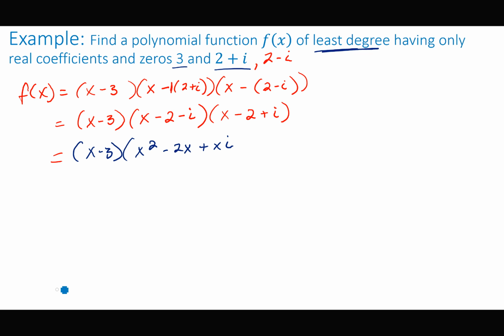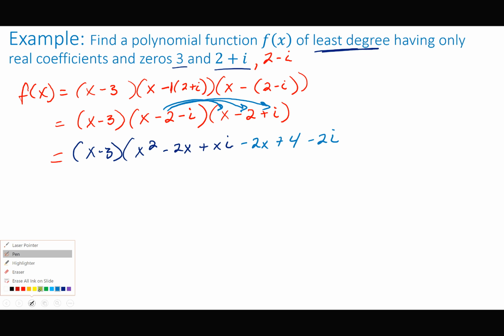And then we're going to do the next set. We have negative 2 times x, so that'd be a negative 2x. Negative 2 times a negative 2 would be a positive 4. Negative 2 times i would be a negative 2i. And then the last one, negative i times x, would be a negative xi.